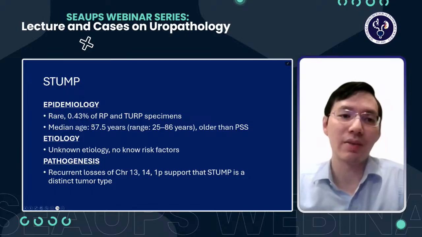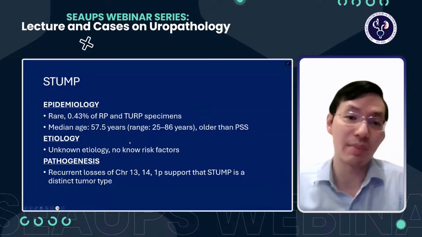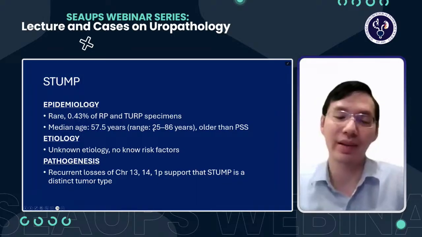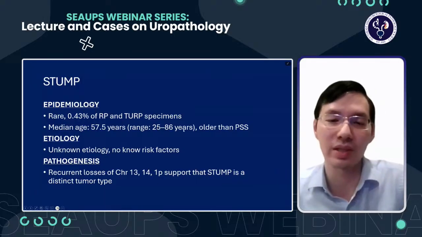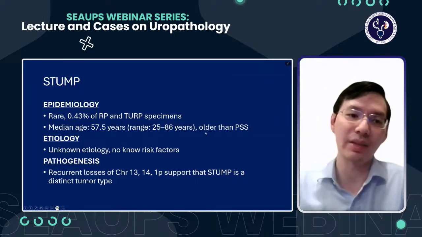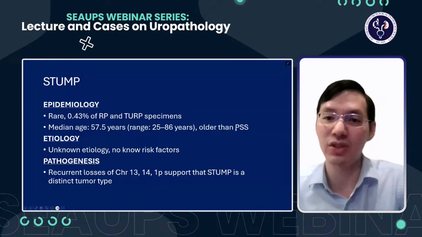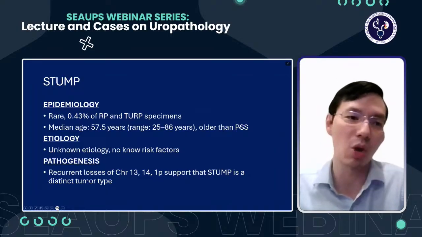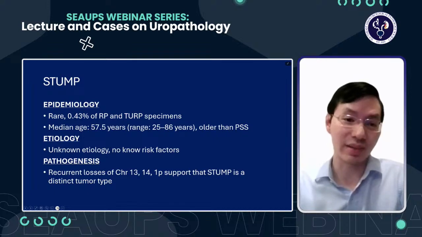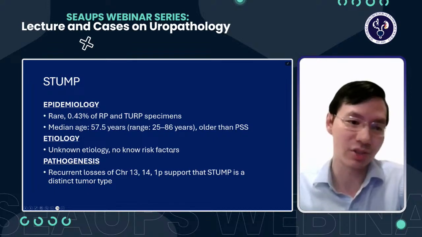The median age is 57.5 years, but the range is wide, so it can be as young as 25 or as old as in their 80s. But typically, the patient is older than patients with a prostatic stromal sarcoma. There's no known etiology and also no known risk factors.